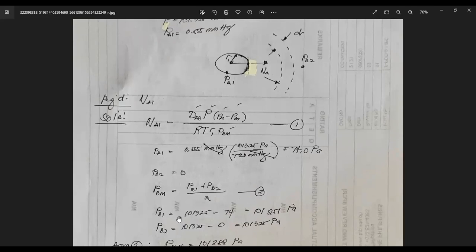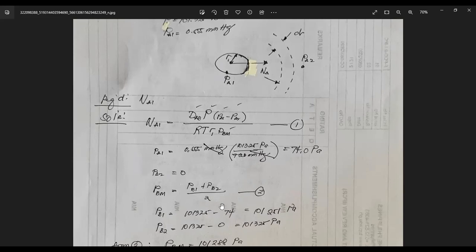So PB1 is your total pressure minus the partial pressure of naphthalene. Okay, so that would be 101,251. The B in here is the air, because your A is your naphthalene that has sublimed. Your B is your air. So you need to know PB1 and P subscript B2.